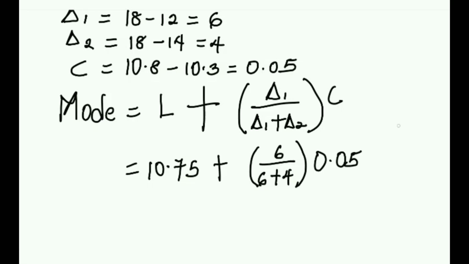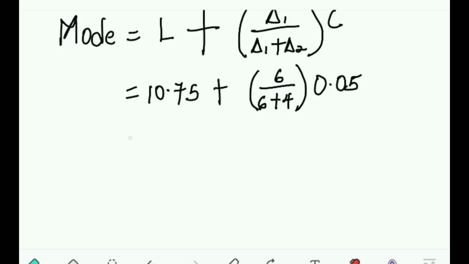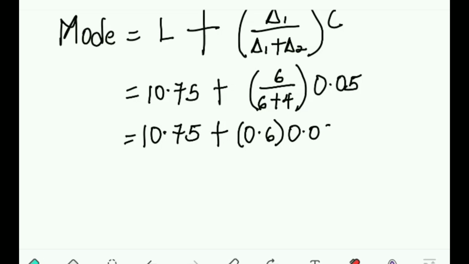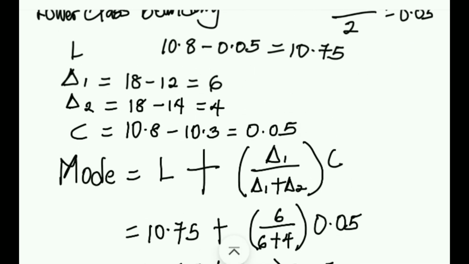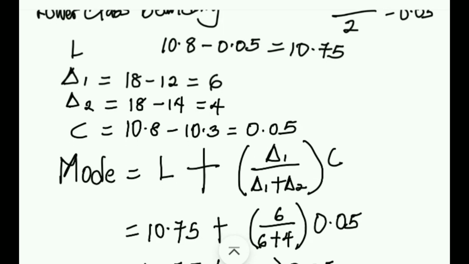So what is this going to give us? 10.75 plus 6 over 6 plus 4. Let's just get it straight. 6 plus 4, that's 10. 6 divided by 10, that's 0.6, times the class width. Let's confirm that. Is that 0.05 or 0.5?